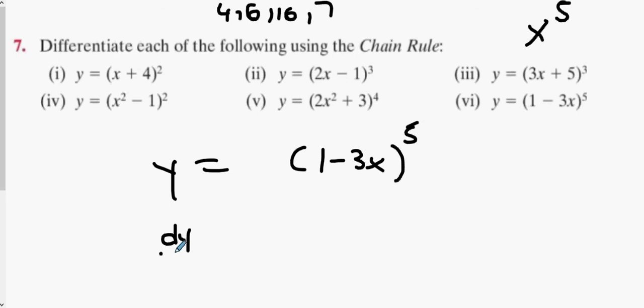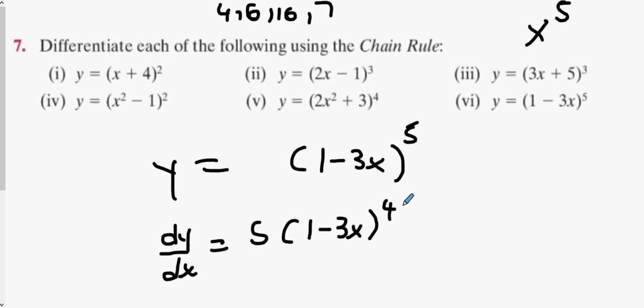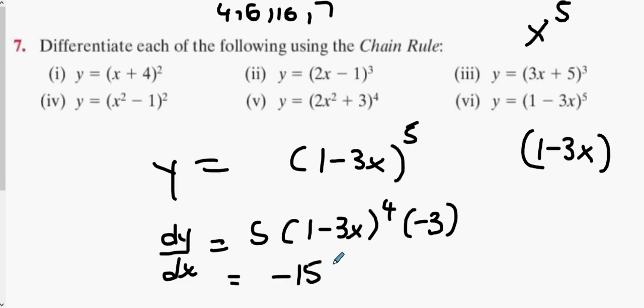So, Mooney, what did you do with the 5? Bring it to the front. What do you do with the power? Alright, and you're missing part of it now, aren't you? So what did you do with the missing 1 minus 3x? And once you differentiate it? And then what do you do with the minus 3 and the 5? Yeah. That's pretty handy, lads, is it?